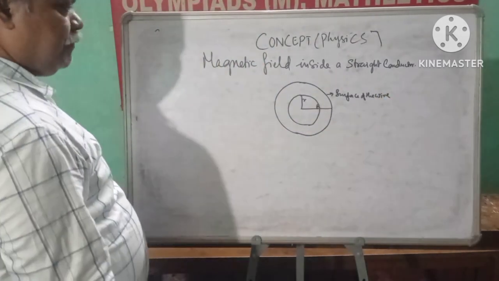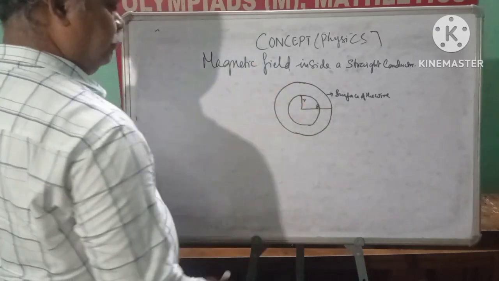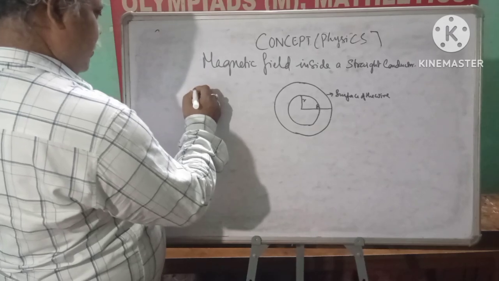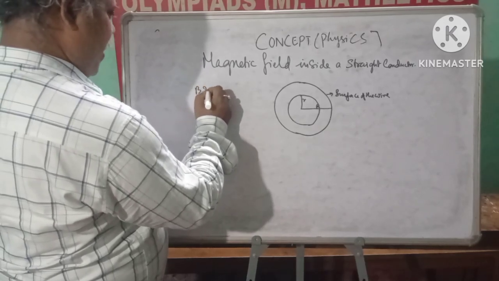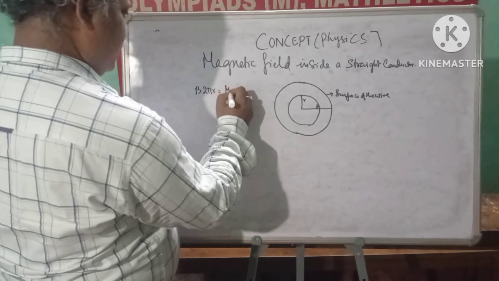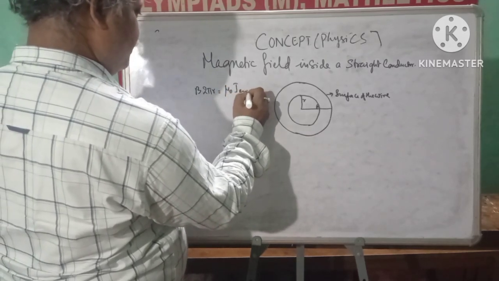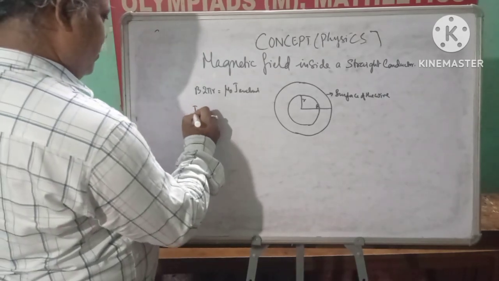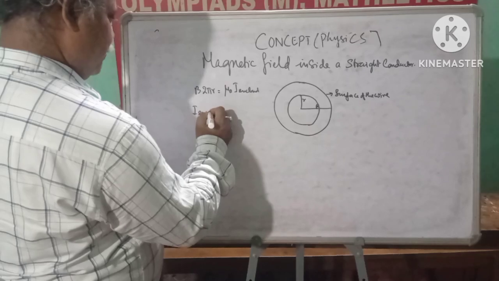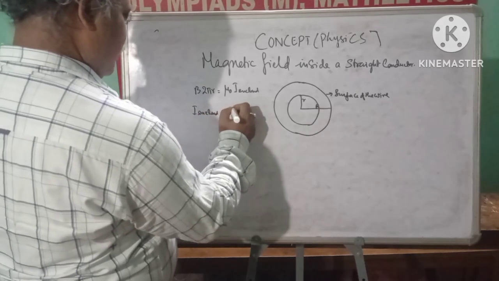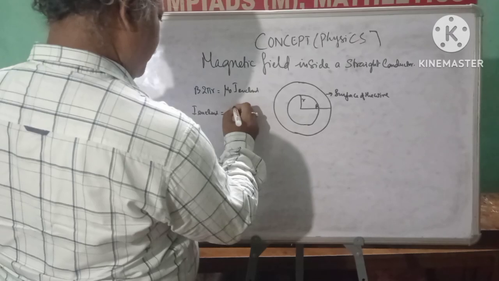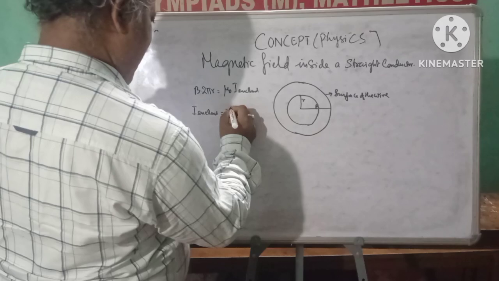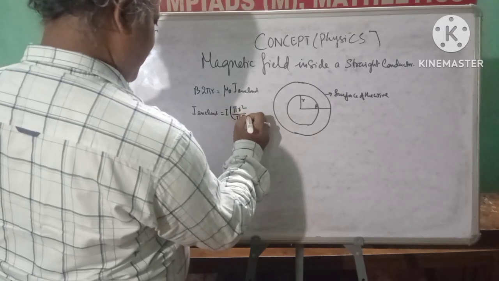So here again, this is your Ampere loop. B into 2 pi r is mu naught times the current enclosed. So your current enclosed will be I into pi r squared by pi capital R squared.